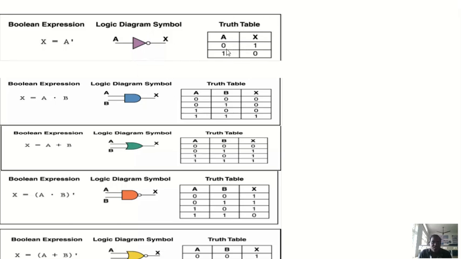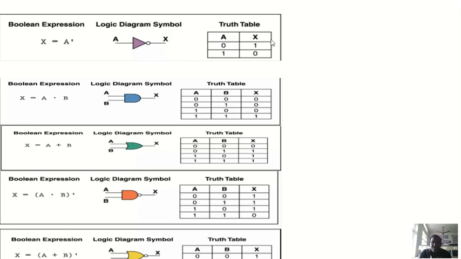If we know the truth table, we can get the Boolean expression, or if we know the functionality of the NOT gate, we can get the Boolean expression. The output x equals a dash. If the input is 0, output is 1. If the input is 1, output is 0. So x is equal to a dash.